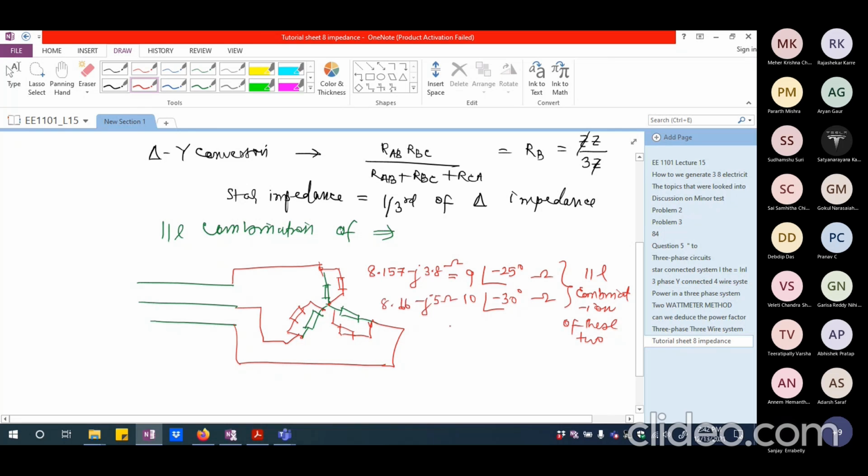Okay, so these are the two impedances. If I call this Z1 and this Z2, I should be able to calculate Z1 Z2 divided by Z1 plus Z2. Z1 Z2 will be 90 and the angles 30 and 25 add to minus 55.